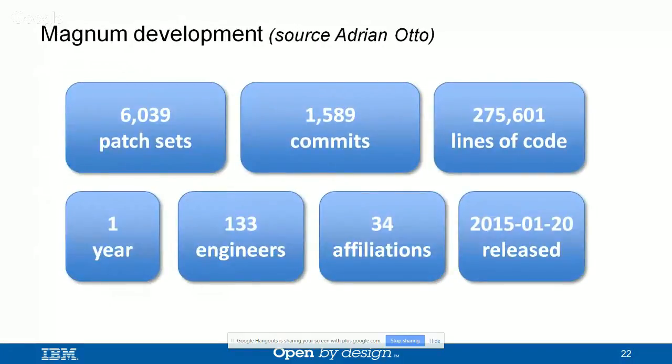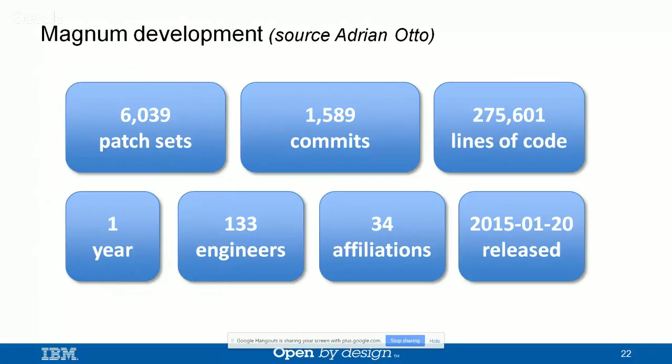Okay, so just a bit of statistics about Magnum. As I mentioned, the project is just about a year old, and what's interesting here is that we do have quite a bit of participation from many different companies. 34 different companies participating right now, and about 133 developers. A lot of code has been added in the last year, and the last release was just back in, actually the year's wrong.